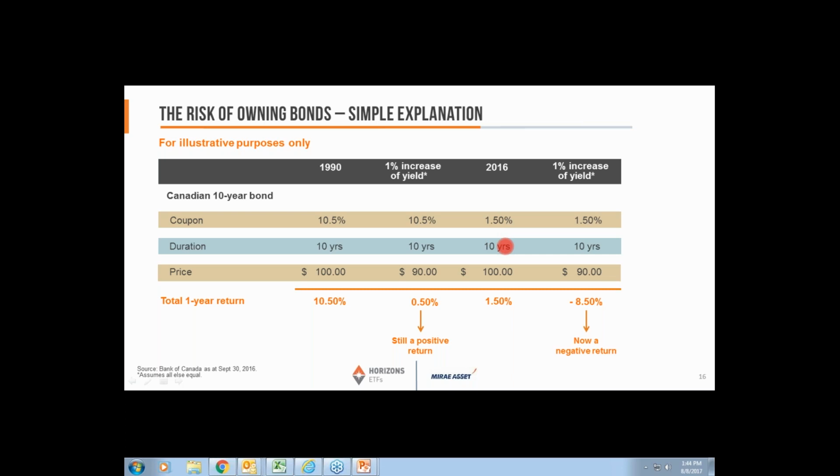That same 10-year bond, which was risk-free from a credit perspective but highly interest rate sensitive, earns 1.5%, but that yield only offsets 15% of the loss, and I end up with a negative 8.5% return owning the same bond, because low yields but the same duration means you have that much more risk.